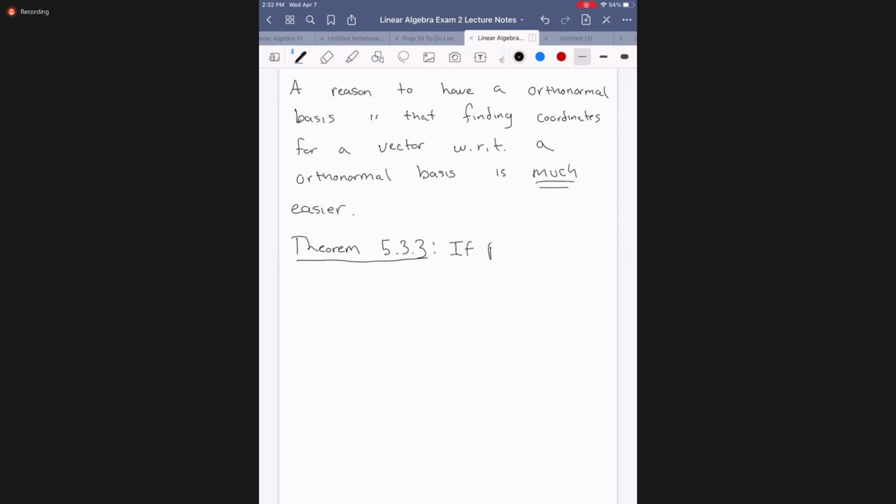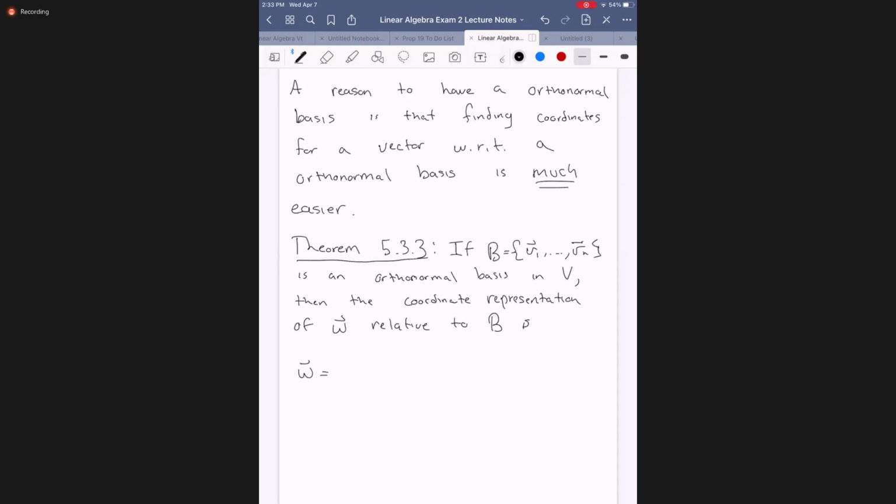If B equals V1 all the way to Vn is an orthonormal basis in V, then the coordinate representation of a vector W relative to B is W inner product with V1, all the way to W inner product with Vn.